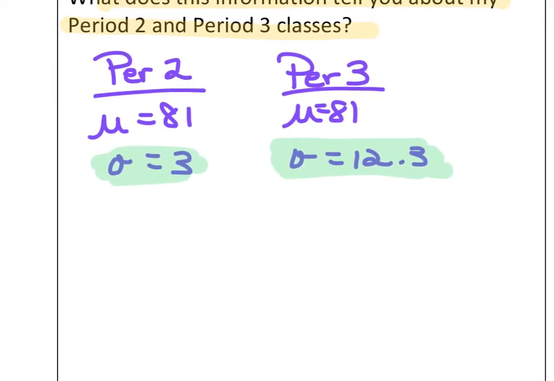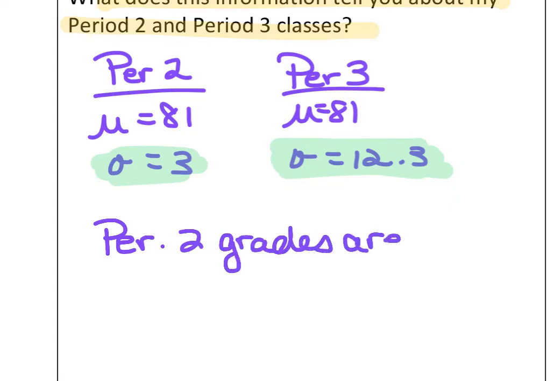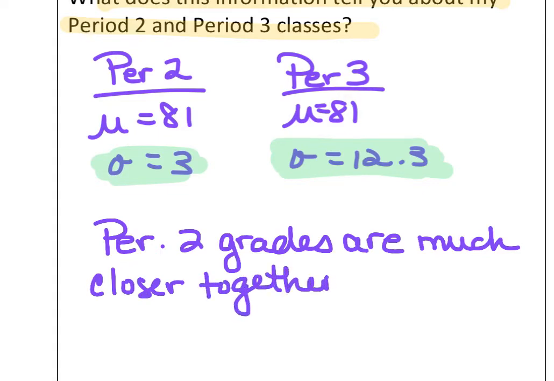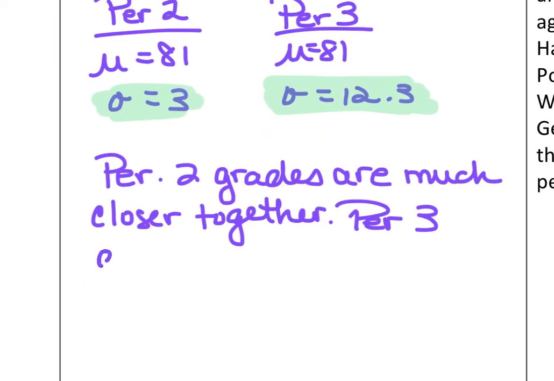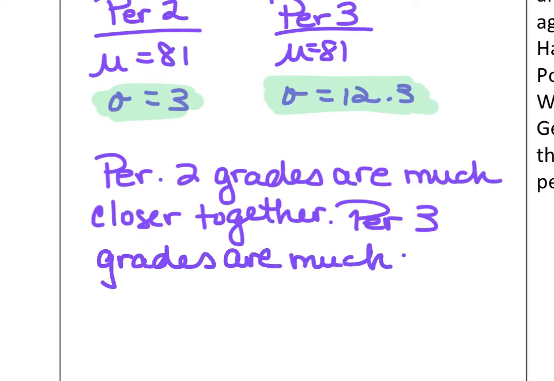So one or the other, let's say here, the period 2 grades are much closer together. The period 3 grades are much more spread out.